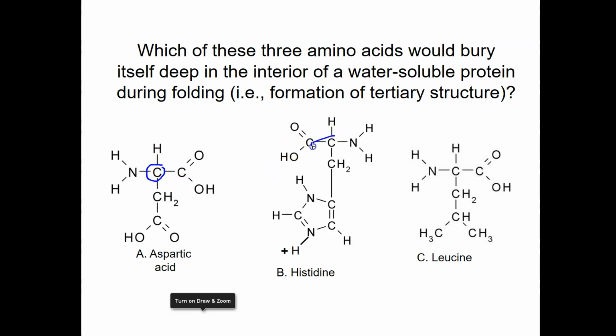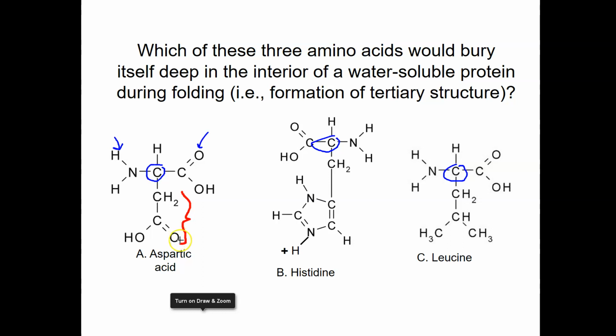Each time, go ahead and take the time to identify your central carbon. And then we've got our carboxyl group here, we've got the amino group here, and now what we'll want to do is go ahead and look at our side chain, which is here.